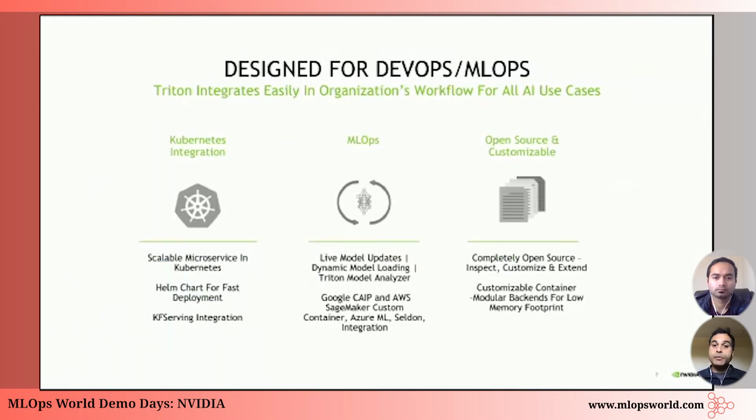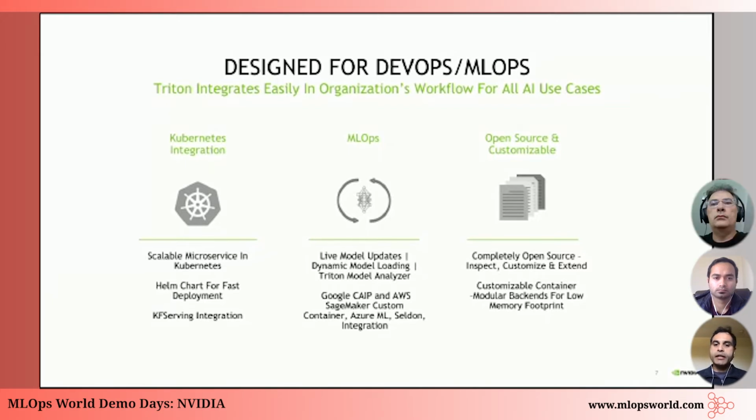Triton is available as a container from NGC. As a container, it fits very nicely into your microservice architecture, and Kubernetes can be used to scale the Triton container for your inference deployments. And it can be used with any Kubernetes distribution, both on the public cloud and on premises.